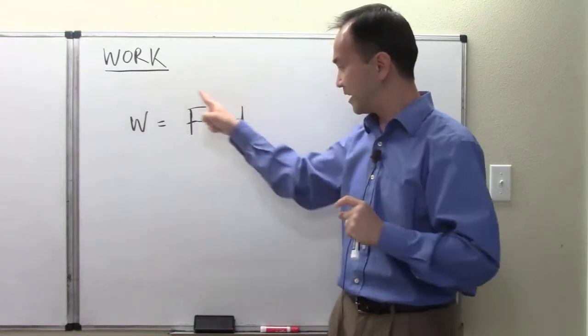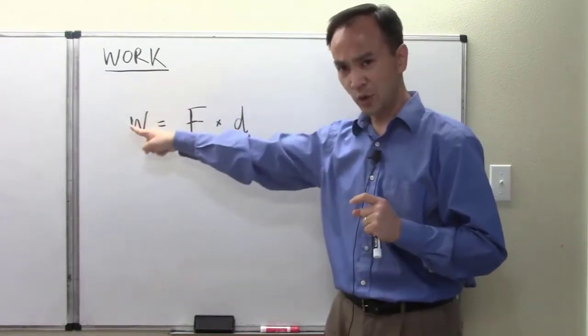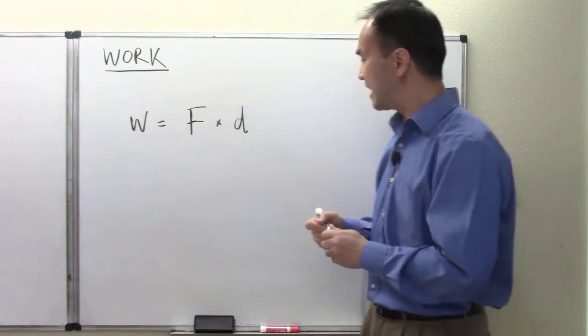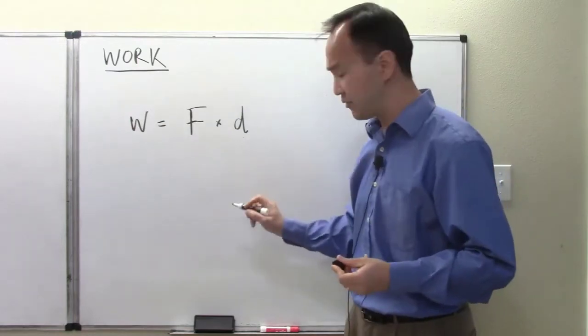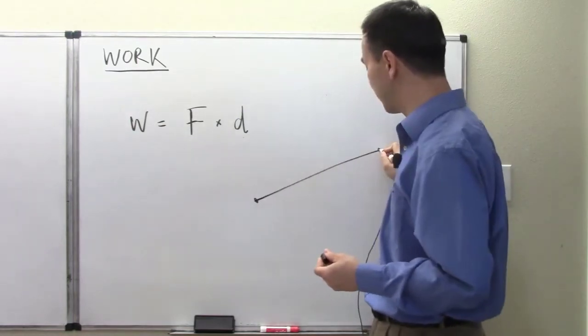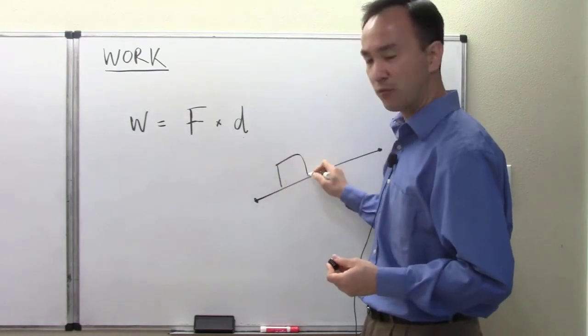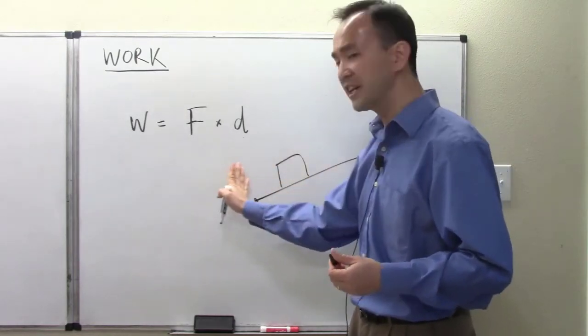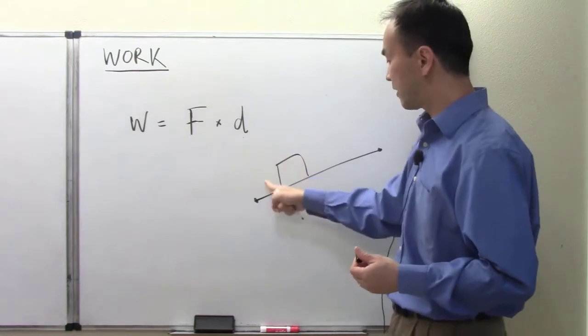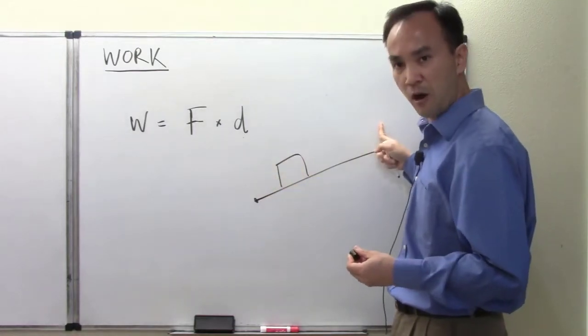That is the total amount of work. The idea is that we have a path with a distance, and we're exerting force to move an object from a point on the path to a different point on that same path.